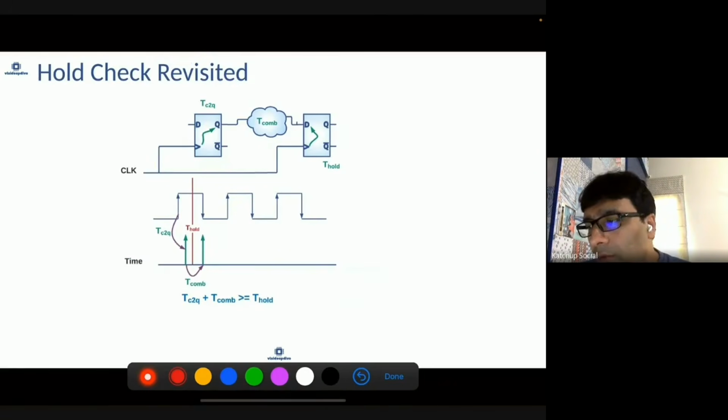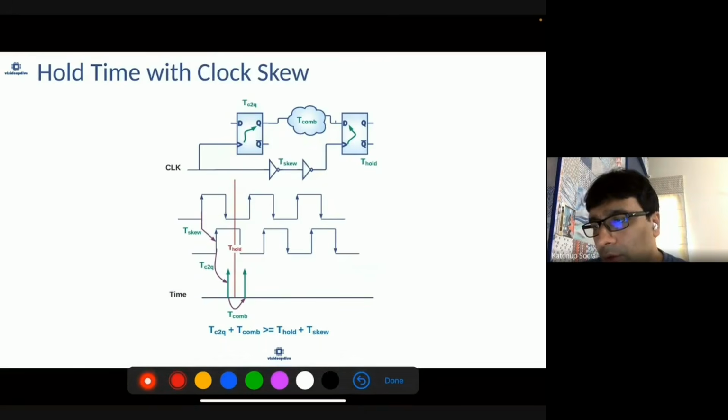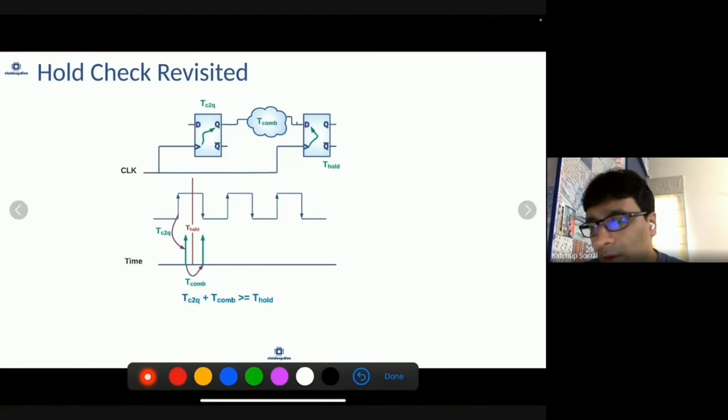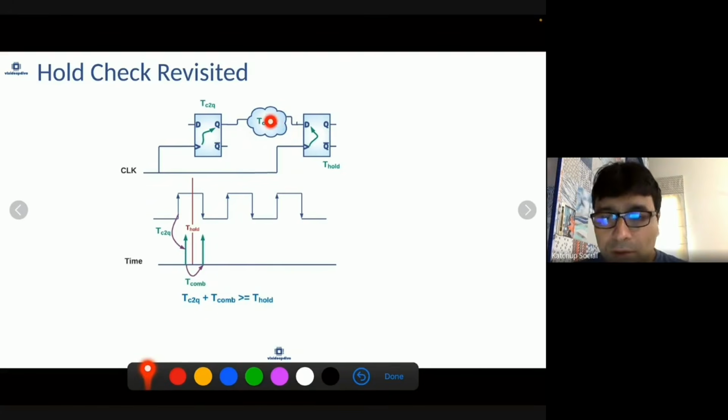If we revisit our rule for hold check, the rule was that the next launch edge should not cause the current data to change. So let's say you launch the data on this flop, then there is a combinational delay. This delay has to be a minimum certain value, so that the previous data which is being captured is not changed. What is that minimum value?